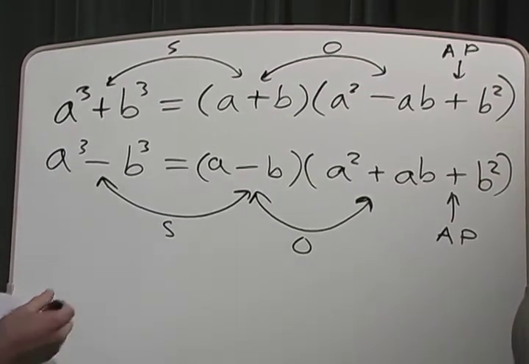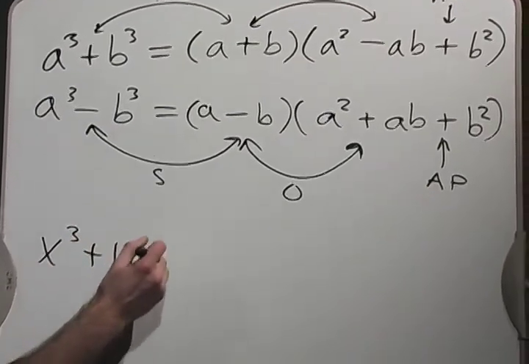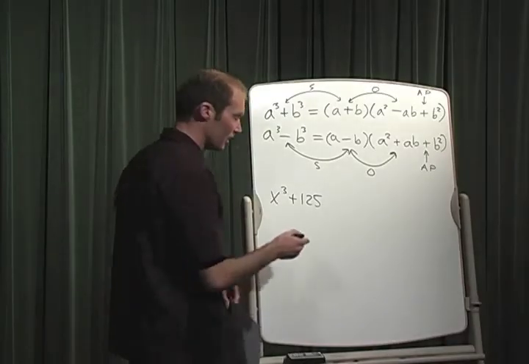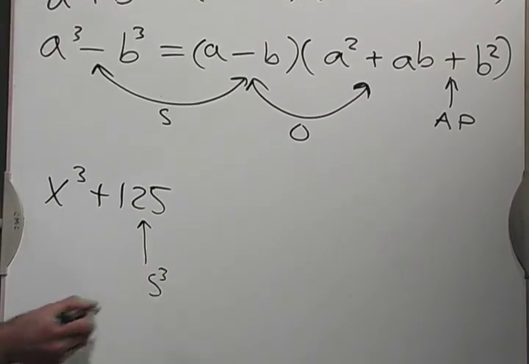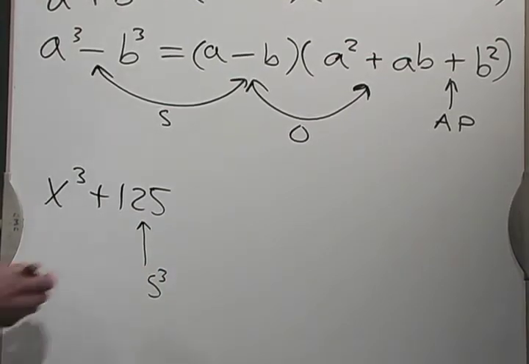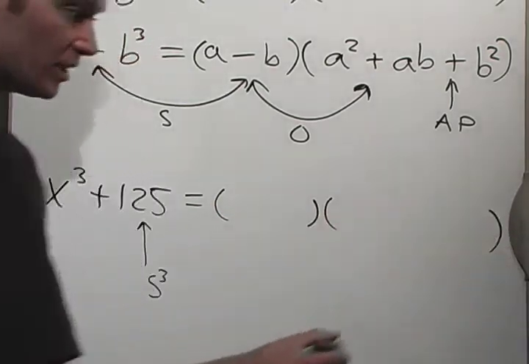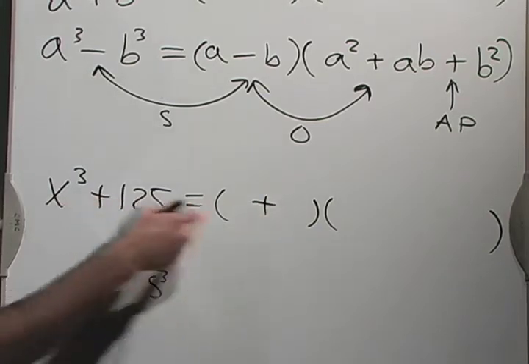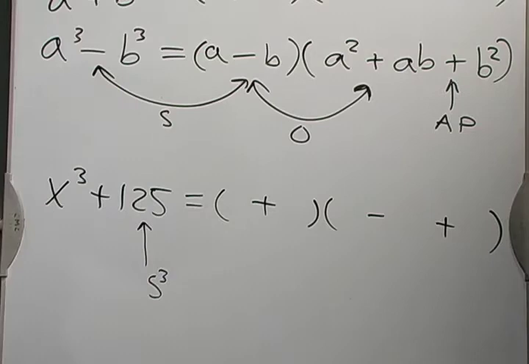Well, let me go ahead and actually fill this in with some concrete numbers. Let's suppose that I had, for instance, x cubed plus 125. From what we did at the beginning, I hope that you recognize that 125 is just 5 cubed, a perfect cube. So the way that I'm going to write this is going to be a binomial times a trinomial. And then my signs are going to be the same, and then opposite, and then always positive.